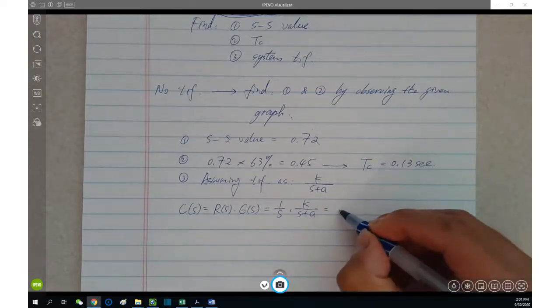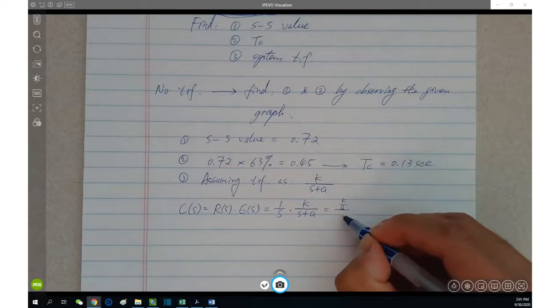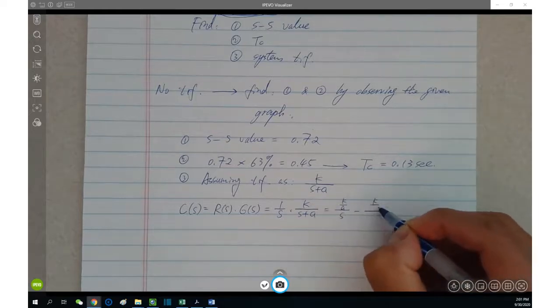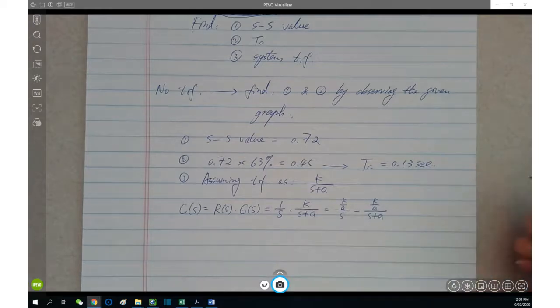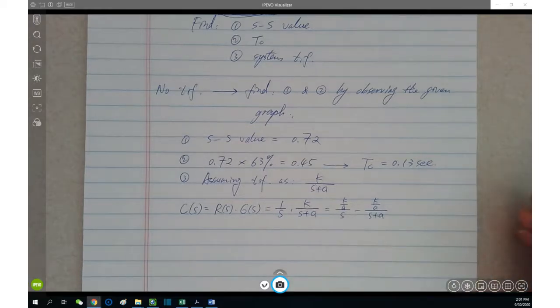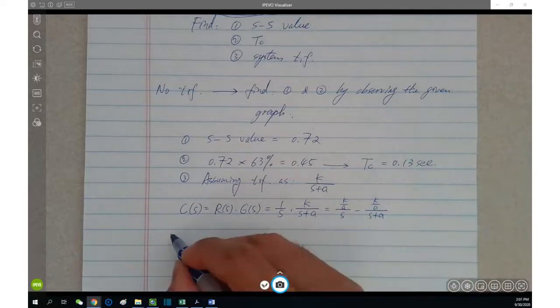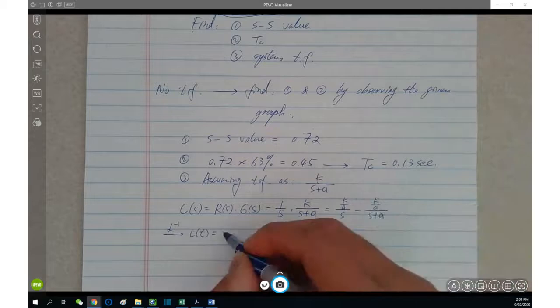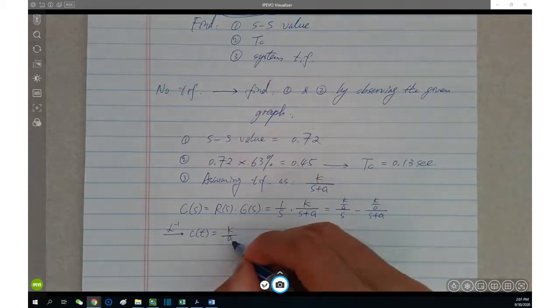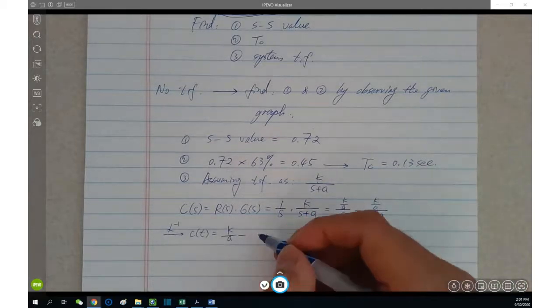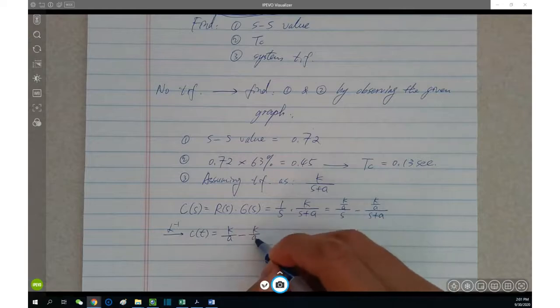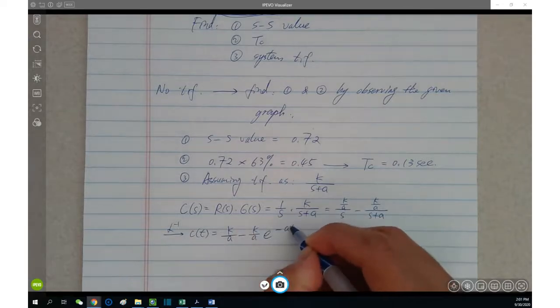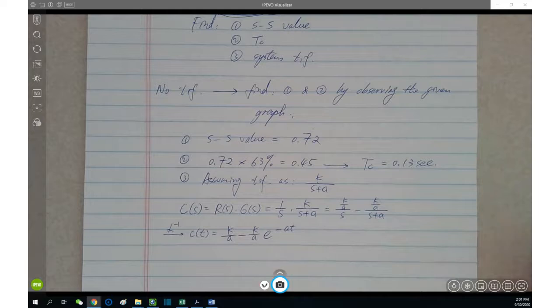And then we're going to do the partial fraction, and the inverse Laplace transform: c of t equals K over A minus K over A times e to the negative A times t.